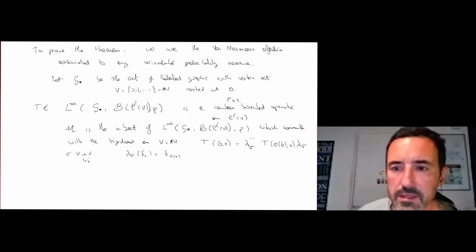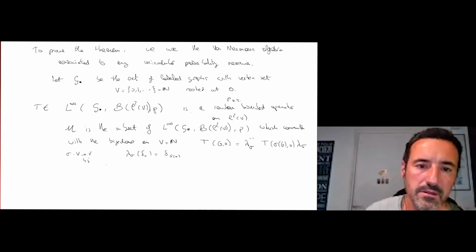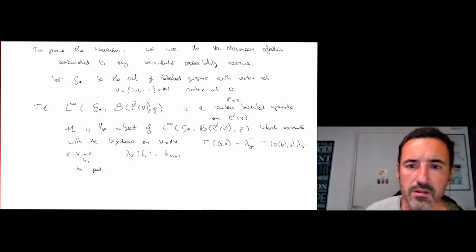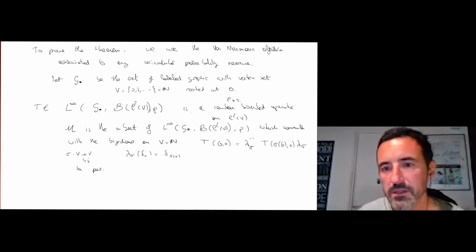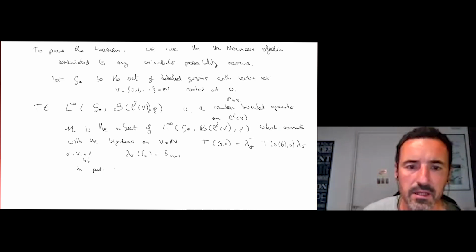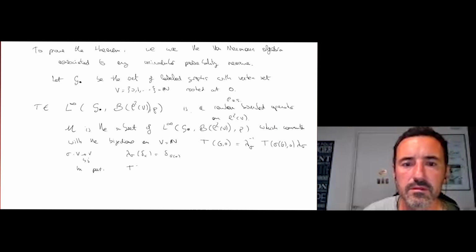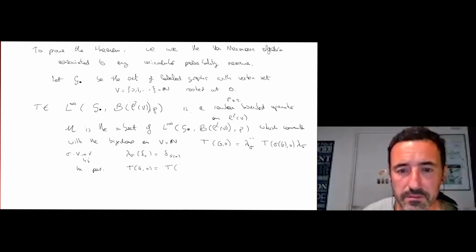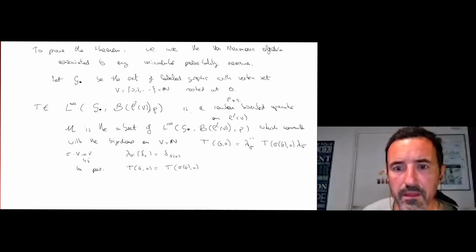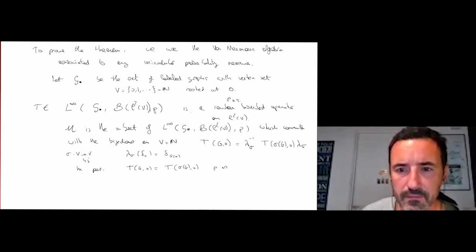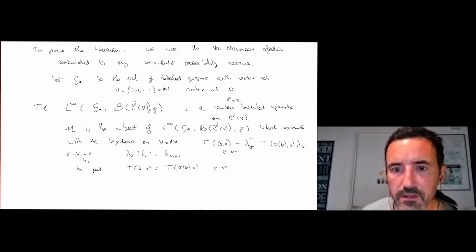Okay, so in particular, the graphs I'm considering do not depend on the choice of the root. In particular, T of G, O is equal to T of sigma G, sigma O almost surely.